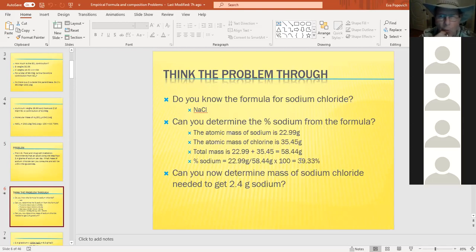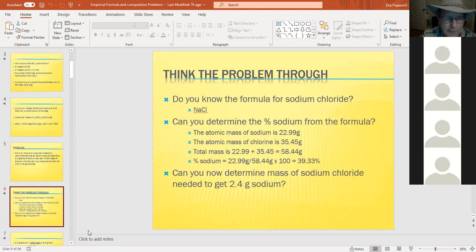Do you see that, Joe? Yeah, I understand that part. Hold on a second. 39.33% of the number we're looking for is equal to 2.4. Do you understand, Joe?